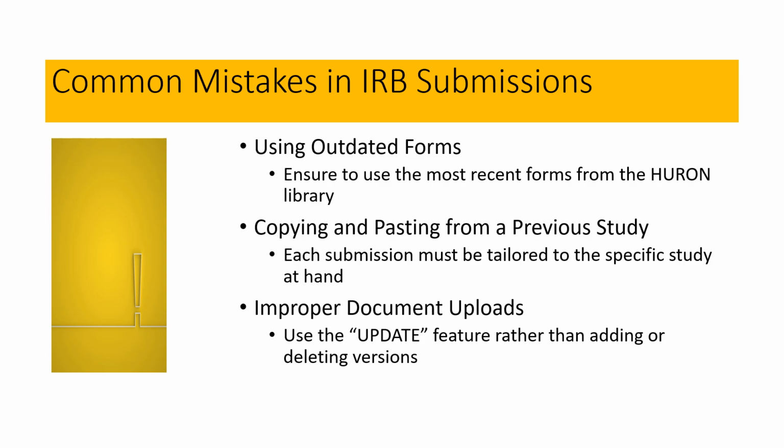To avoid these mistakes, you should use the most recent forms from the Huron library and tailor each submission to the specific research study being developed. You should also use the update feature when uploading changes to documents. More on that coming up.